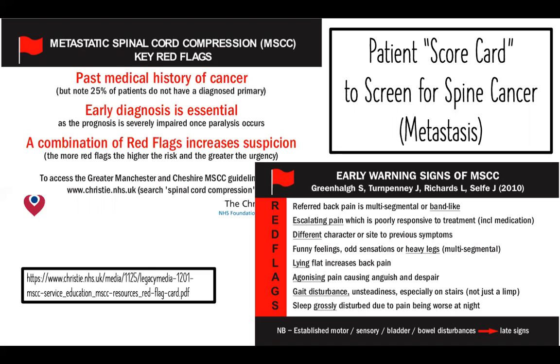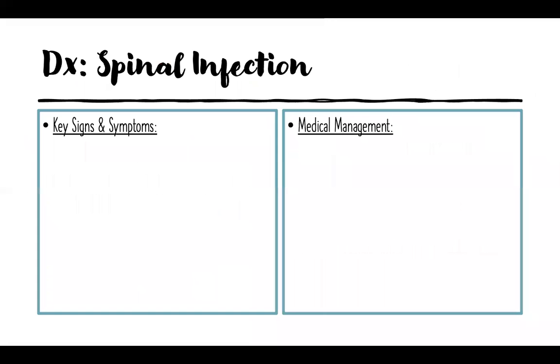As you'll notice, some of these red flags on this card are funny feelings, odd sensations, things that we wouldn't necessarily expect from a musculoskeletal pain complaint. And so these are early warning signs of MSCC, again, that MSCC refers to metastatic spinal cord compression. So the spinal cord is the symptom generator as the cancer puts pressure on it.